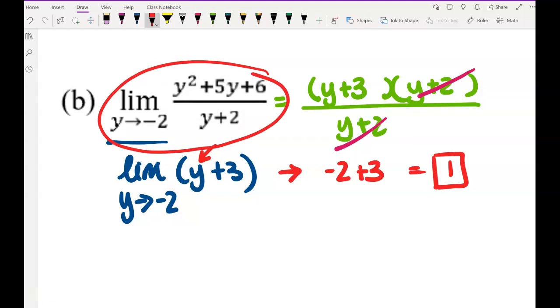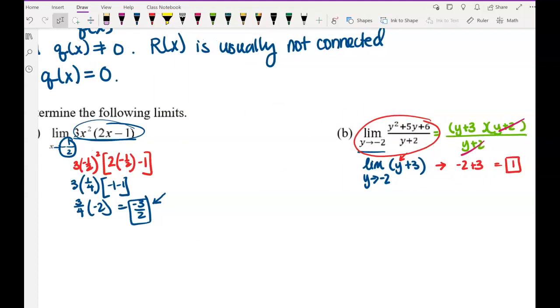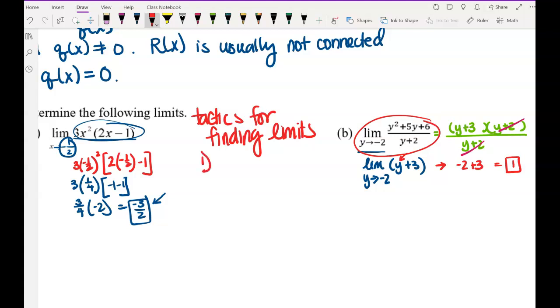So let's write down the tactics for finding limits, okay? Number 1, always try to see if you can find the limit by substitution, because that's the easiest.